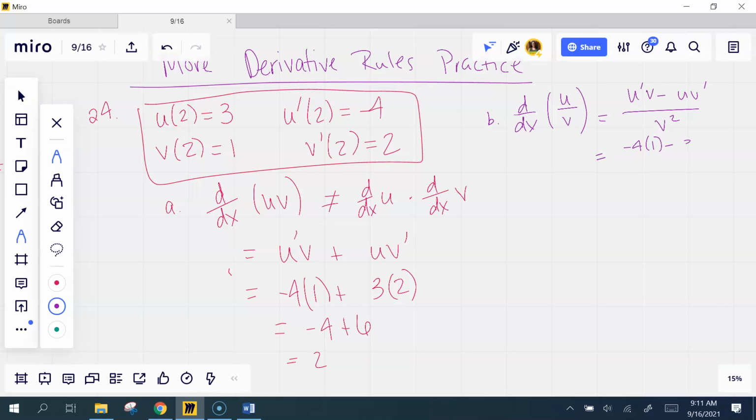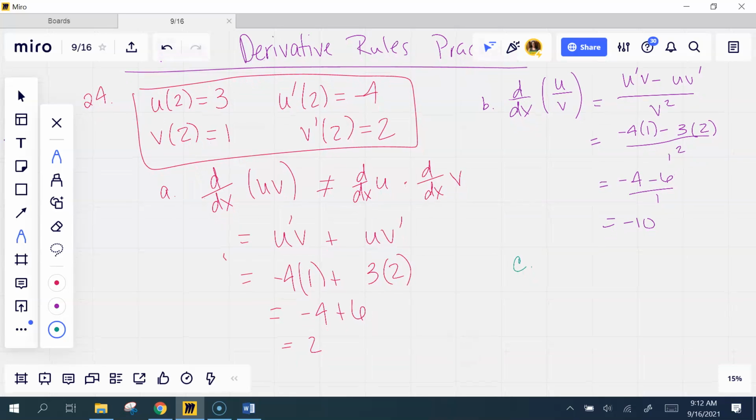Some of us get negative 10. Somebody initially wanted to just do negative 4 times negative 2, but you can't do that, because derivative rules don't let you do that.